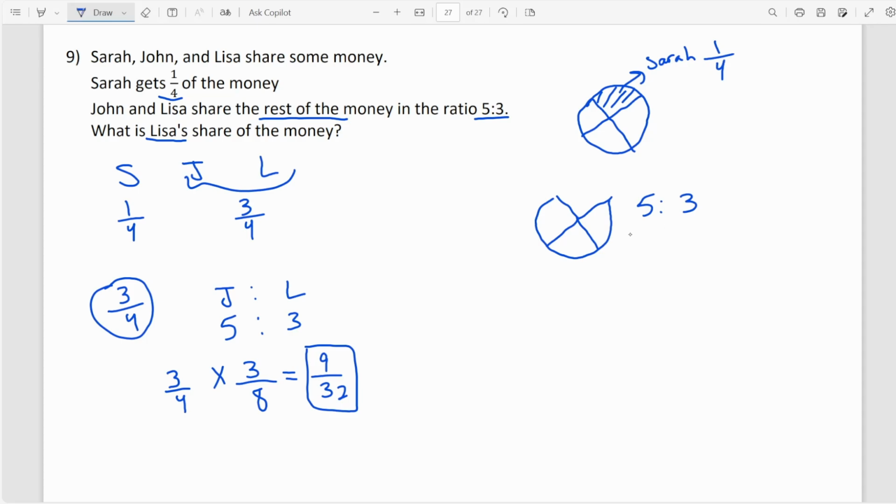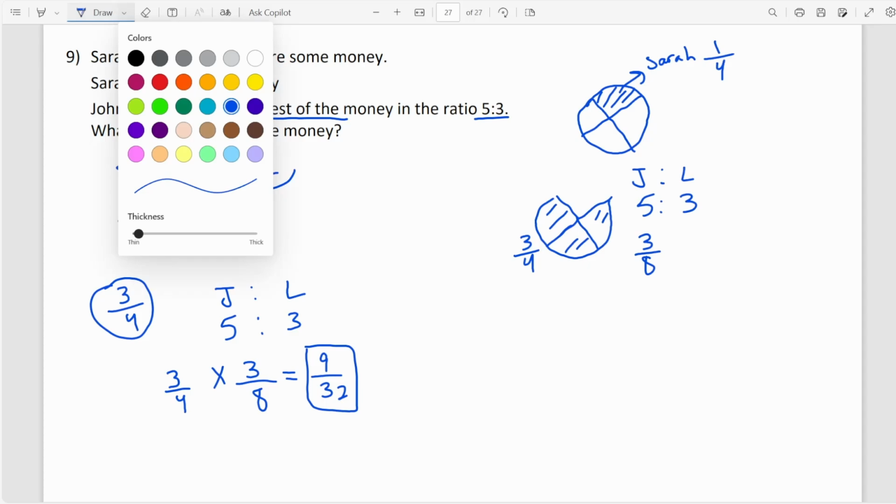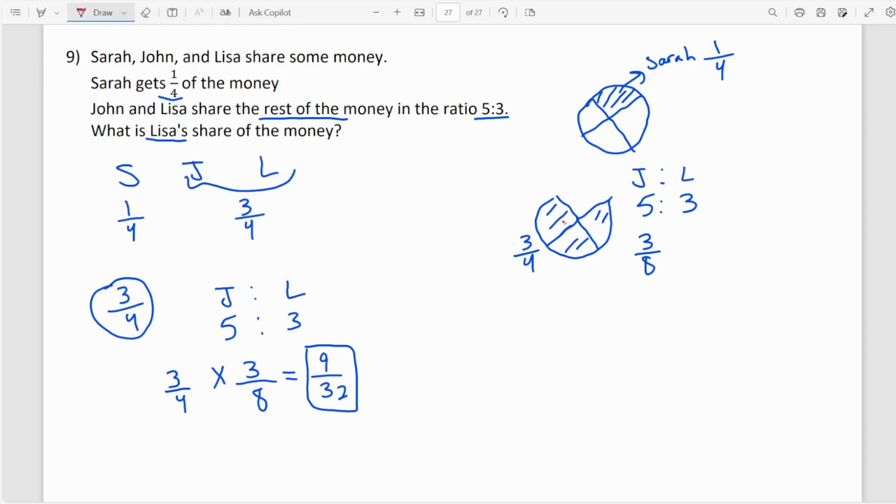This represents 3 over 4, it's not complete. So when we found out that John and Lisa share in the ratio 5 to 3, and that Lisa will take 3 over 8 of this amount, the amount that Lisa will take is this much over here.